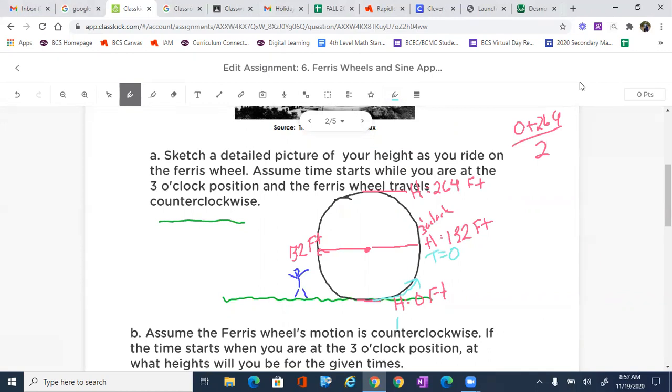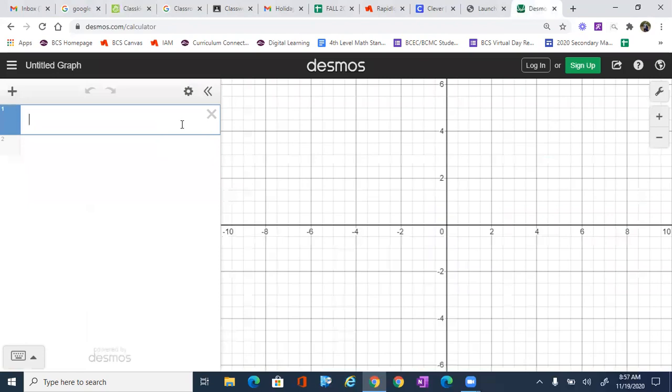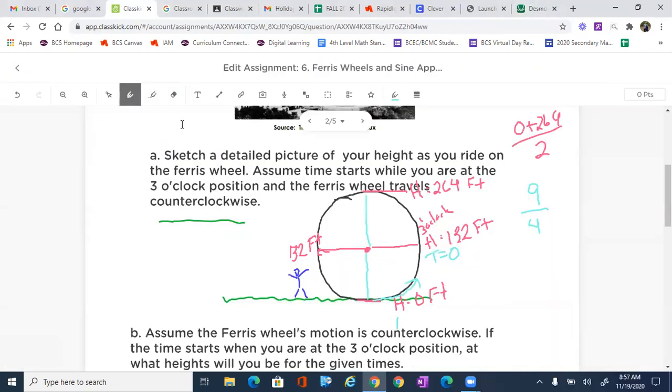Time equals 0 at the 3 o'clock position, and it takes 9 minutes to go around. What we just discovered was, we could take this circle and break it into quarters. So let's take 9 and divide it into 4 equal pieces. If you don't know what 9 divided by 4 is, we throw it in the calculator, and it gives us 2.25.